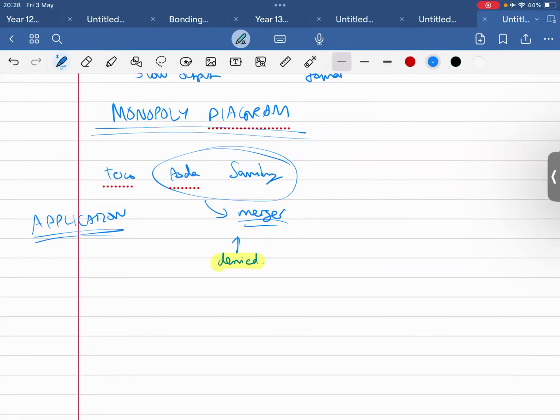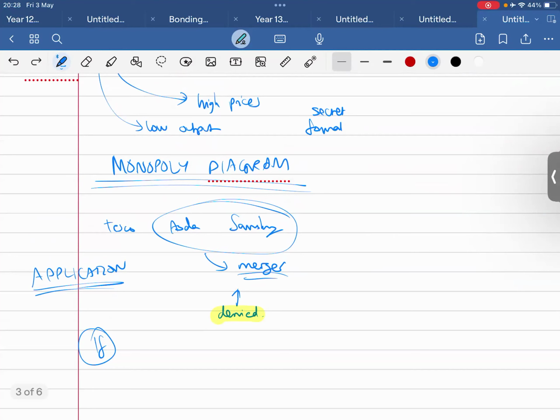But if you were to say that something like, if the merger went through, or if firms were to merge in the future, then it would mean significant monopoly power. If say Asda and Tesco buy each other or merge with each other, then that would lead to significant monopoly power, and then that firm would be able to act like a monopoly.